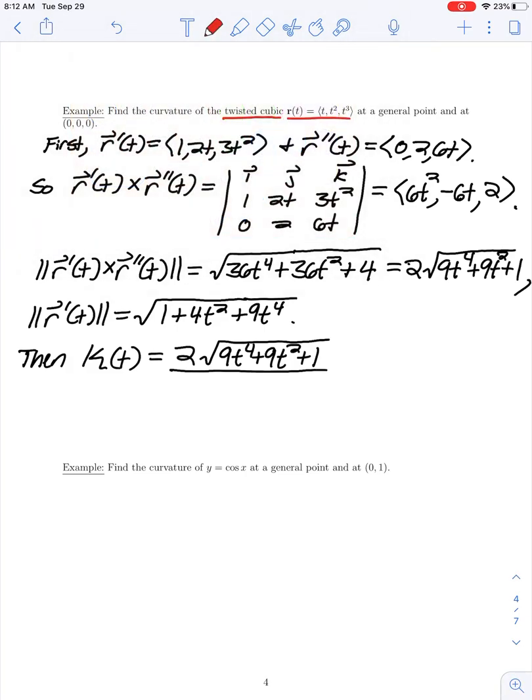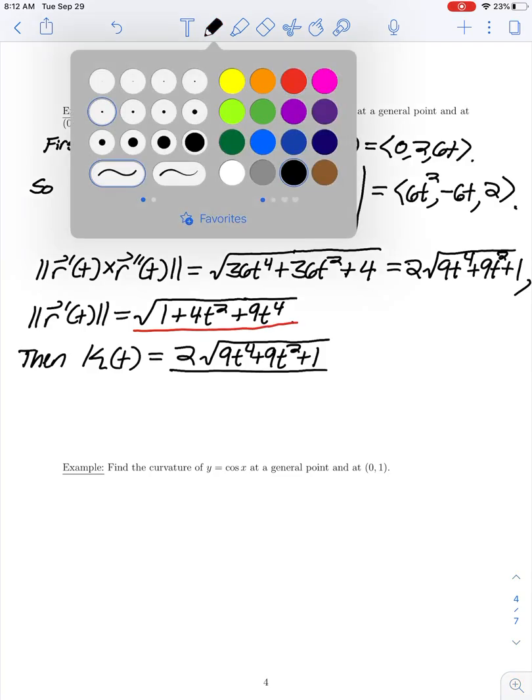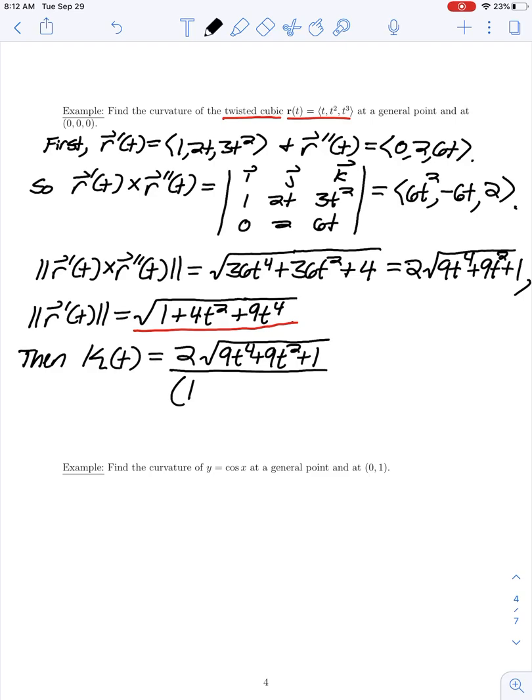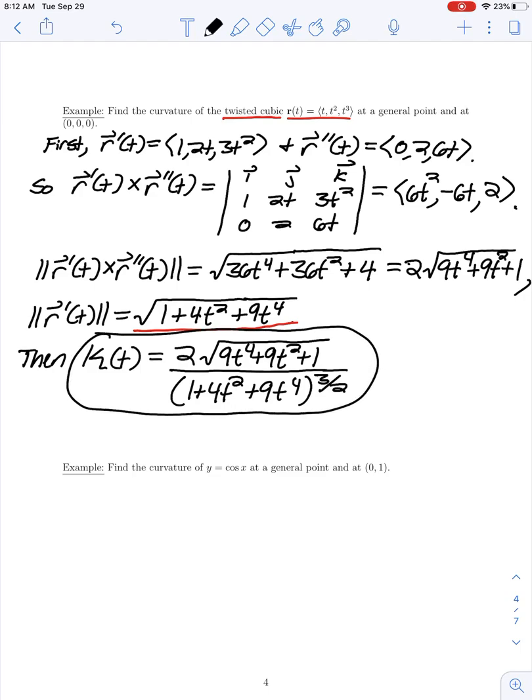So I would have this radical expression cubed, which I could then rewrite as 1 plus 4t squared plus 9t to the fourth. This square root expression would be the 1/2 power, and then cubing that would give me the 3/2 power. So this would be the curvature, kappa, in terms of t, so that is the curvature at some arbitrary or general point along my curve.